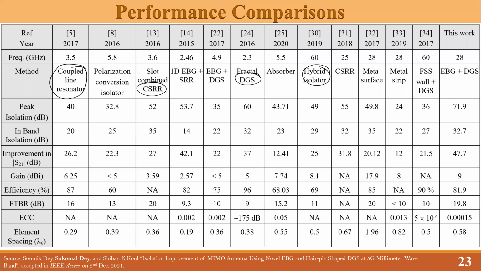We also use EBG plus DGS, as you have seen. This is called a hybrid decoupling method, because you are adding two methods together. That is just to show you, as a conclusion, the different ways one can get mutually decoupled antennas.